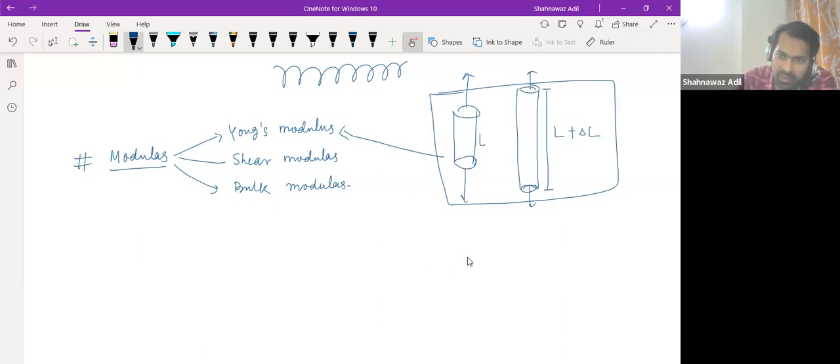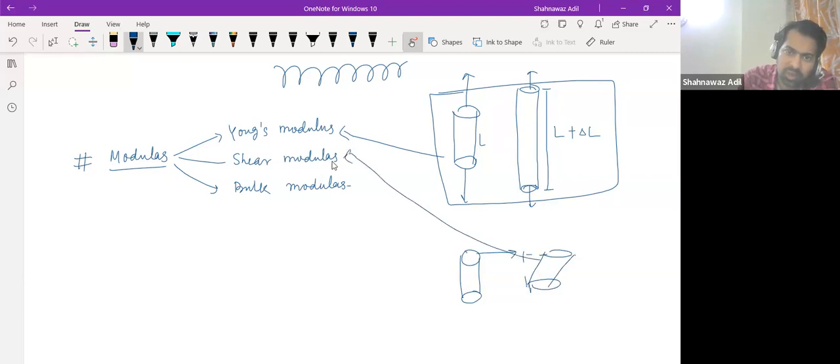And let's say you have this surface and you are applying the force in this way, then it will deform in this way. This kind of modulus is the shear modulus.